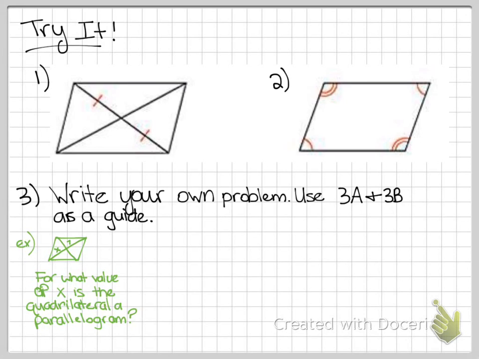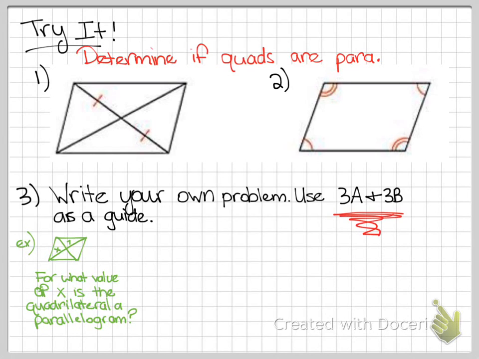For the first two, I want you to determine whether or not those two shapes are parallelograms. And then in the last one, I want you to write your own problem. Use 3a and 3b, those examples we just looked at, as a guide to be able to do that.